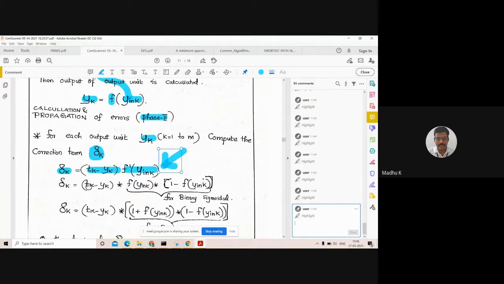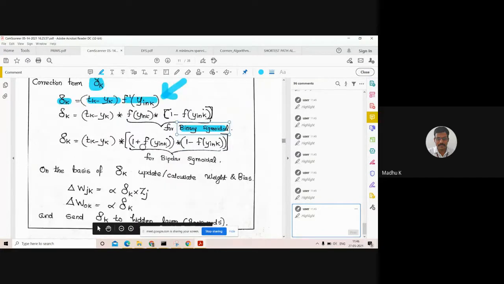What is tk? tk is the target, and yk is the output coming from the kth neuron. For binary sigmoidal we apply one case, and for bipolar sigmoidal we apply the other case.